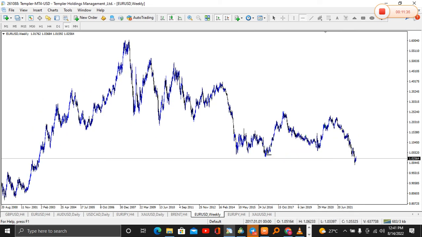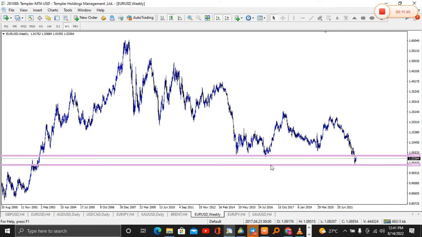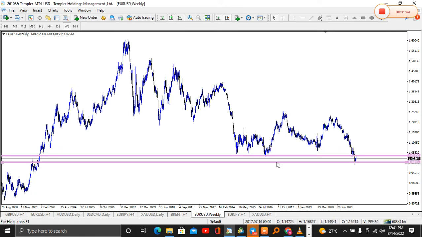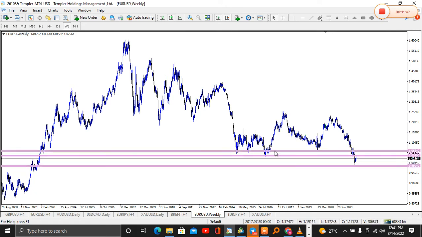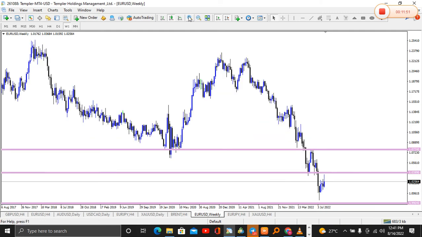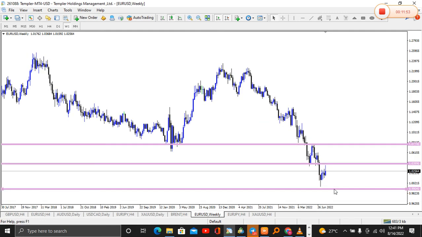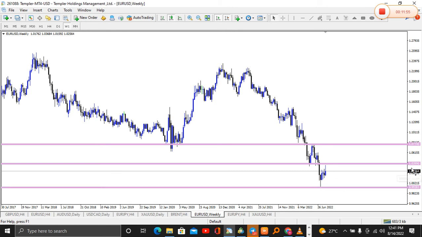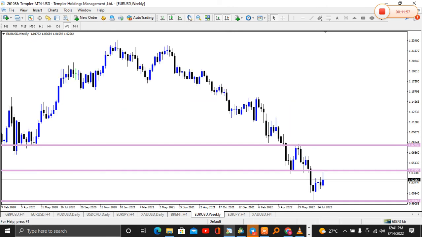Okay, this is our resistance. This is our support. And this is our resistance. Now, when you look at EUR/USD, at the moment EUR/USD is playing around these areas.